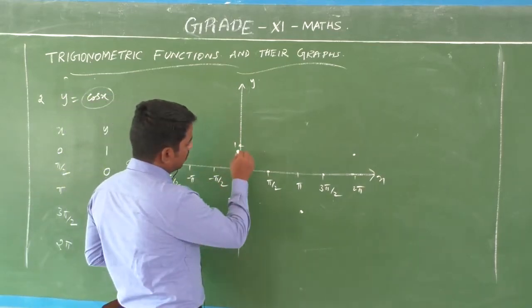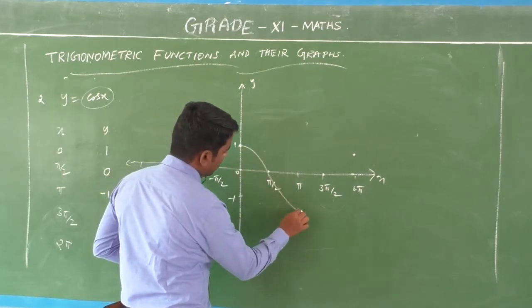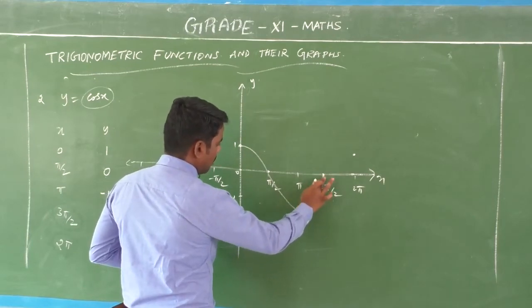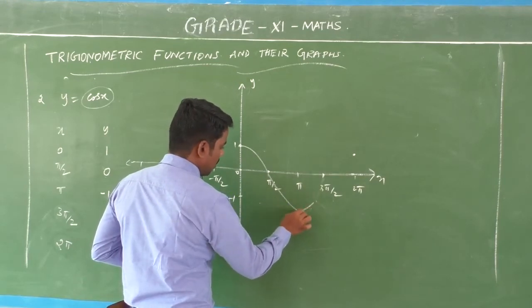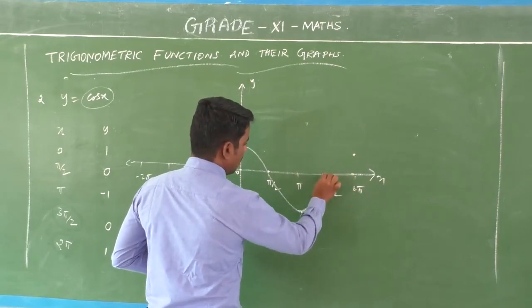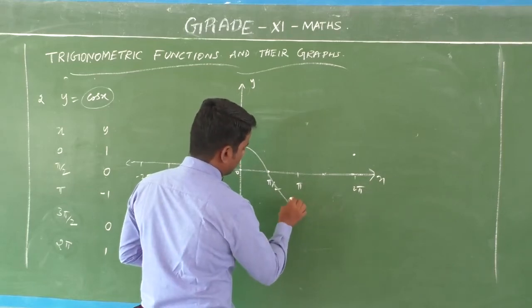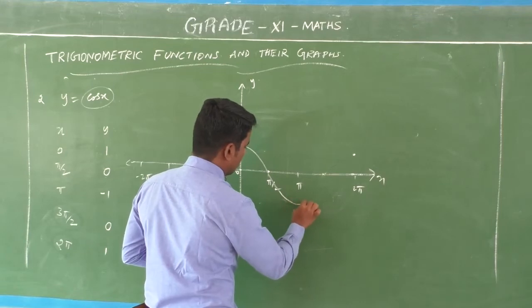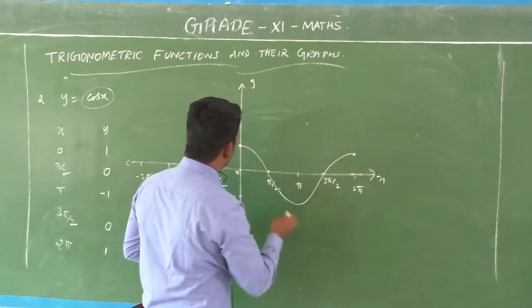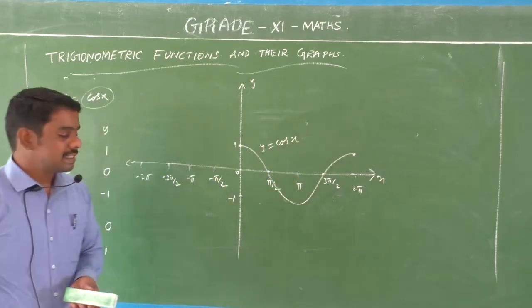Joining these points, this is the y equal to cos x curve.